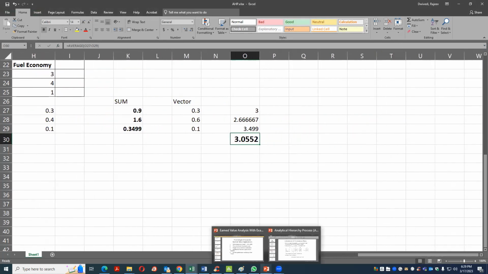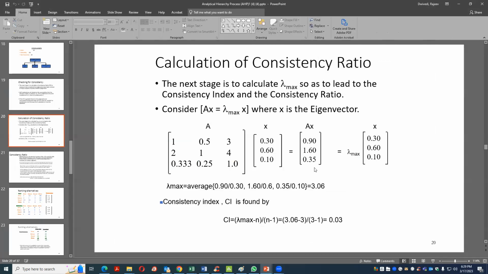Now we can see the consistency index and ratio very easily. So here they get 3.06. So lambda max, we got 3.05, and consistency index equals lambda max minus n upon n minus 1. We have three values, n means three criteria, and let's see how much we get here.